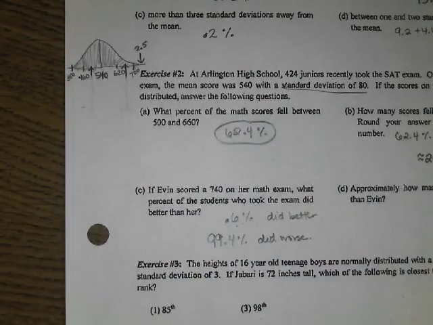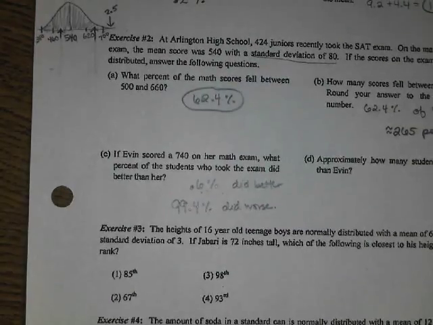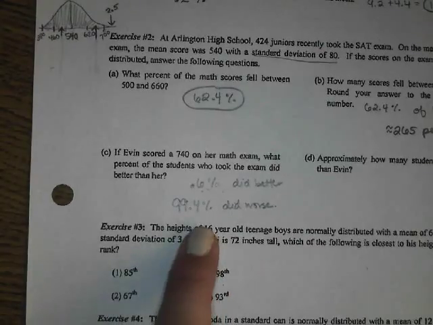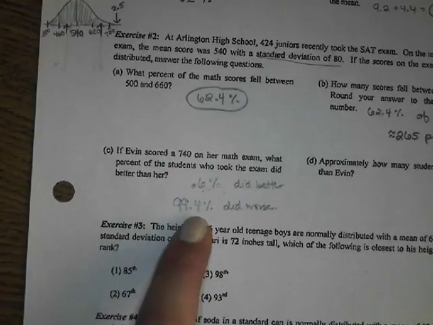And you guys might remember on standardized tests growing up, getting your percentile. If you took your PSATs, you get that as well. If you're in the 73rd percentile, that means that you did better than 73% of the kids. This Evan is in the 99.4 percentile, meaning she did better than 99.4% of the kids, which is phenomenal, right? She's at the top of the class.